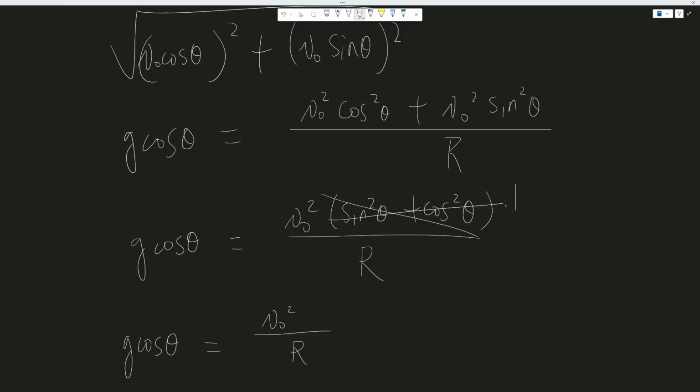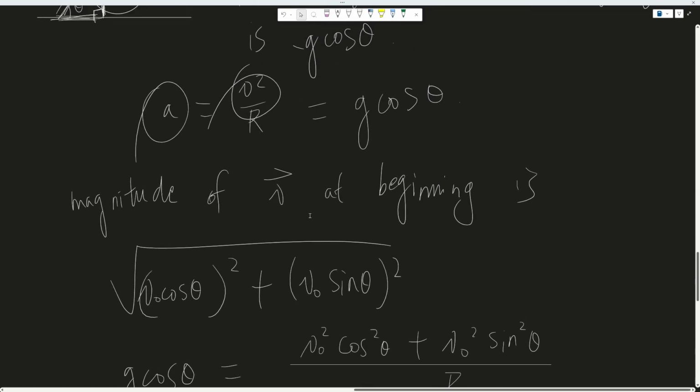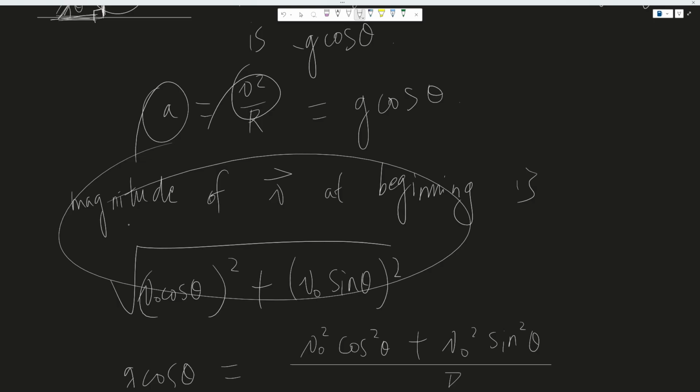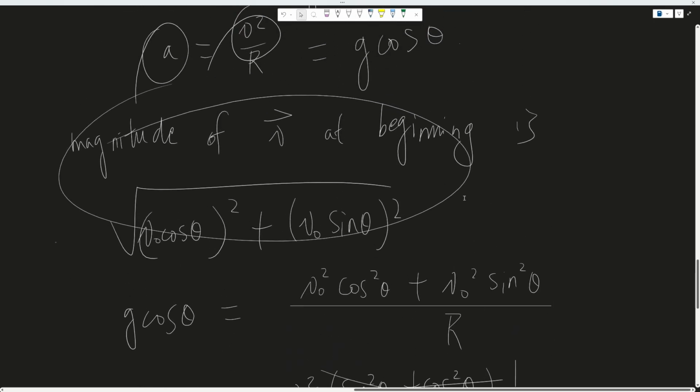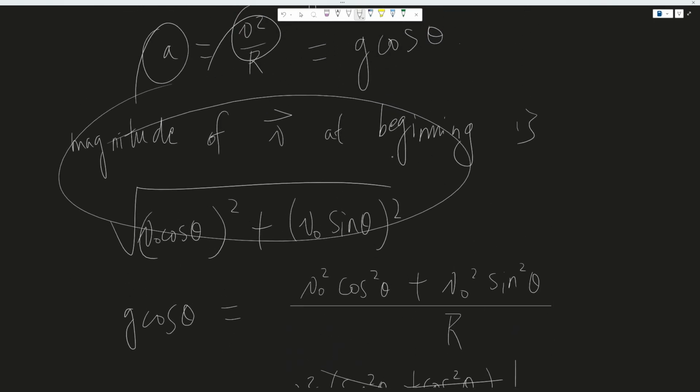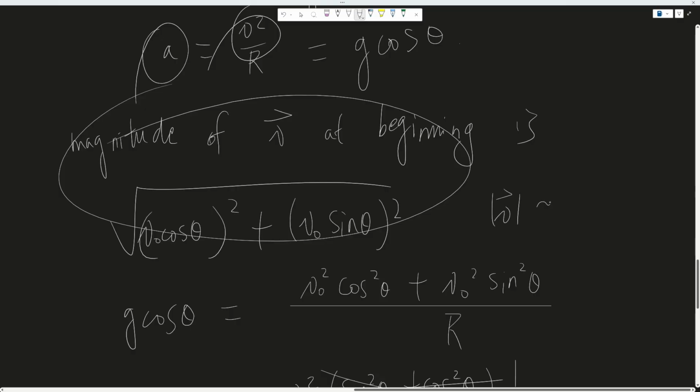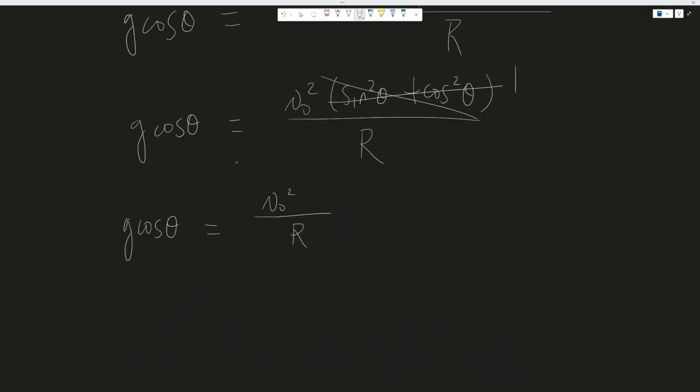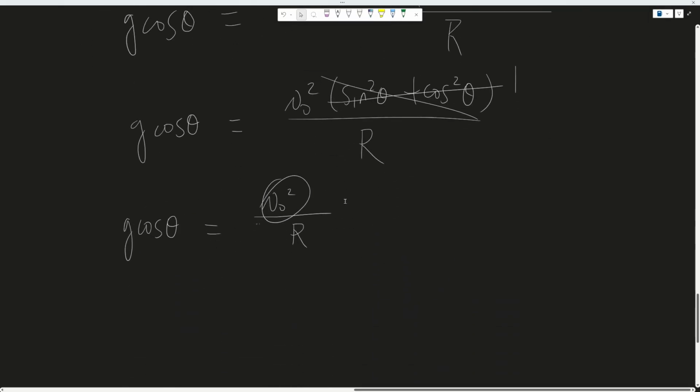In fact, we didn't really even need to write this, because at the beginning, when the time is very small, the magnitude of V is just V naught, the initial velocity. So V squared becomes just V naught squared over R equals G cosine theta.